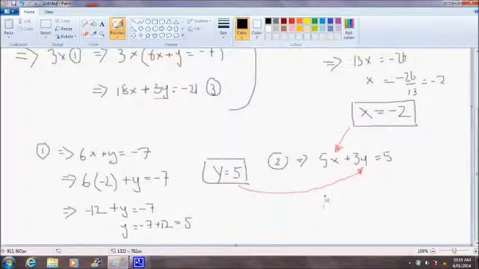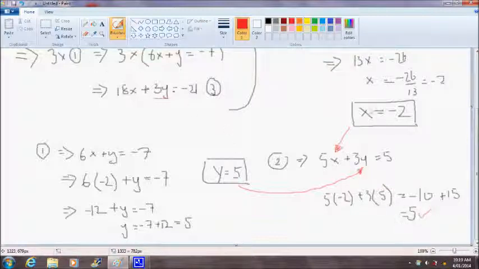So 5 times negative 2 plus 3 times 5 is equal to minus 10 plus 15, which is equal to 5.